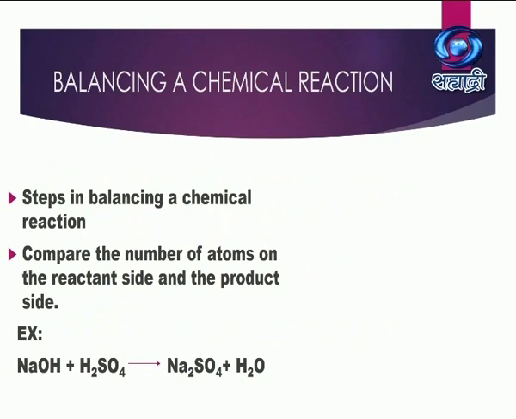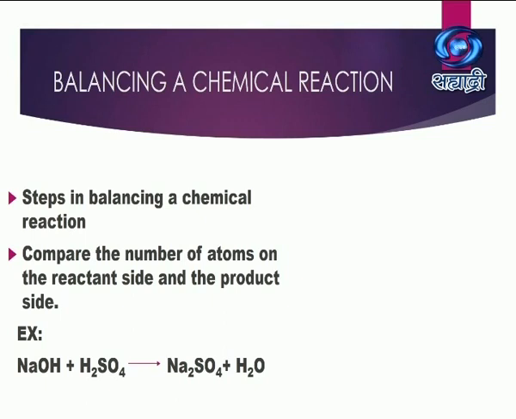Once we are comfortable in writing the formulae for the different reactants and products, now we will be switching over to balance the chemical reaction. Steps in balancing the chemical reactions are, first, compare the number of atoms on the reactant side and the product side. In 9th standard, we have studied the law of conservation of mass.